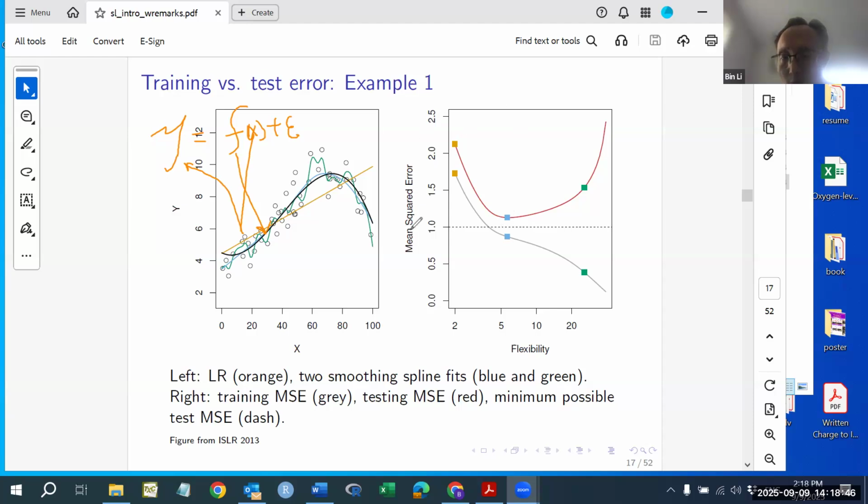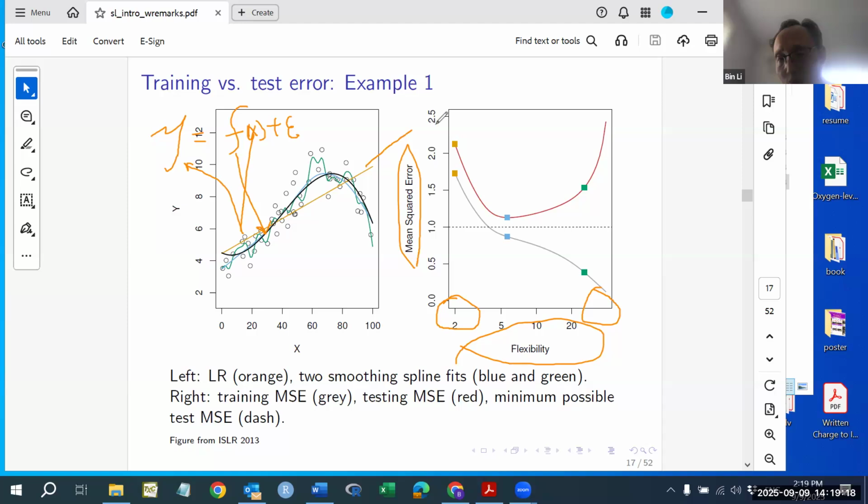Now the right-hand side shows the errors against the flexibility, which you can consider as the complexity of the models. The larger the flexibility, the more complicated the model is, and the lower end means the model is simpler. So which model is the simplest?